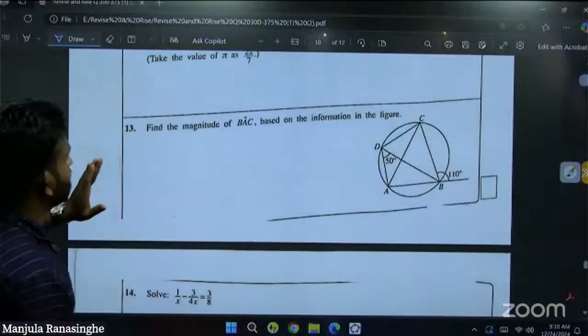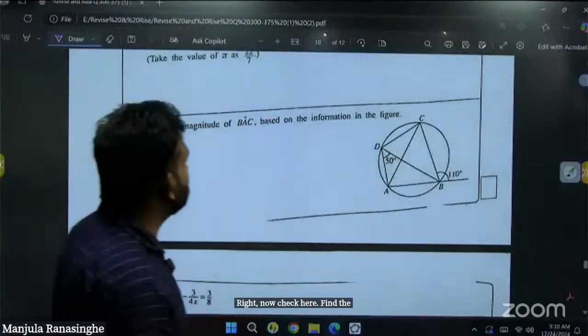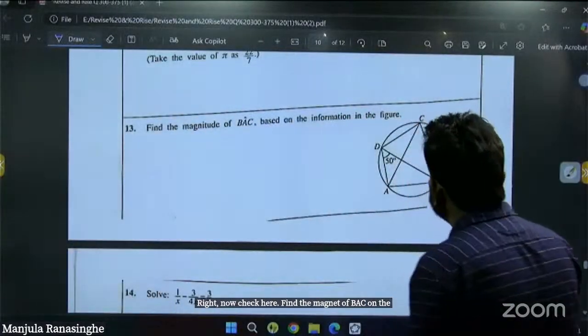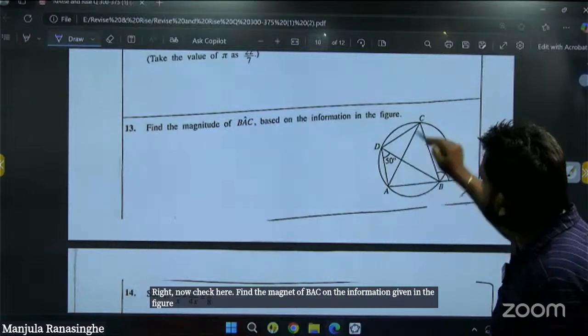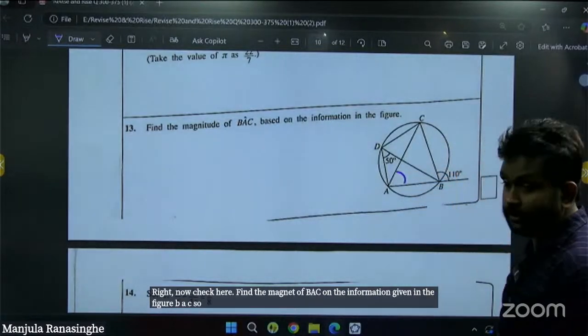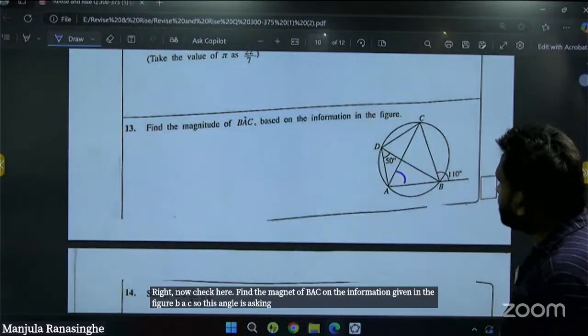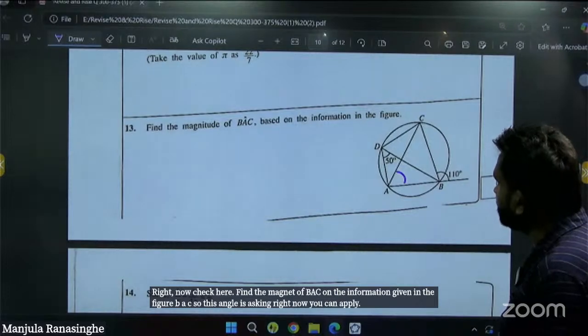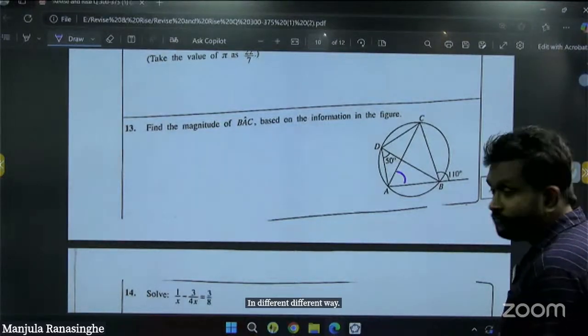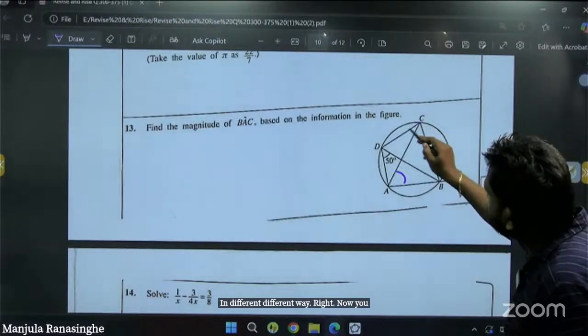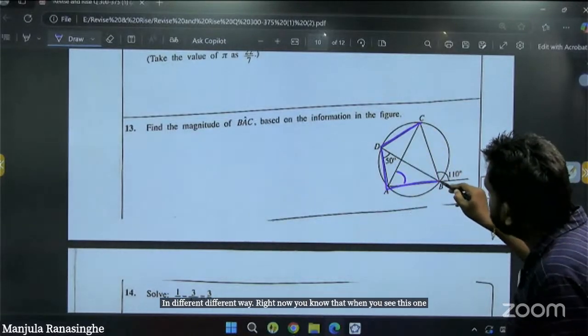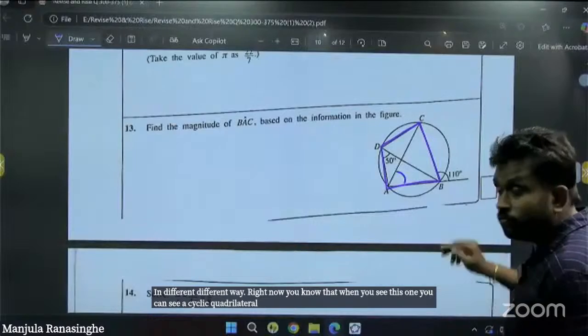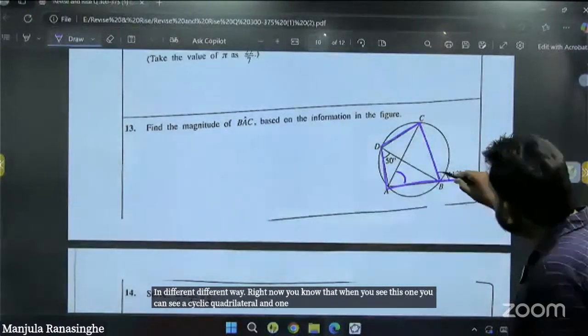Right, now check here. Find the magnitude of BAC based on the information given in the figure. BAC, so this angle is being asked. Now you can apply it in different ways. You can see a cyclic quadrilateral, and one exterior angle is marked as 110.